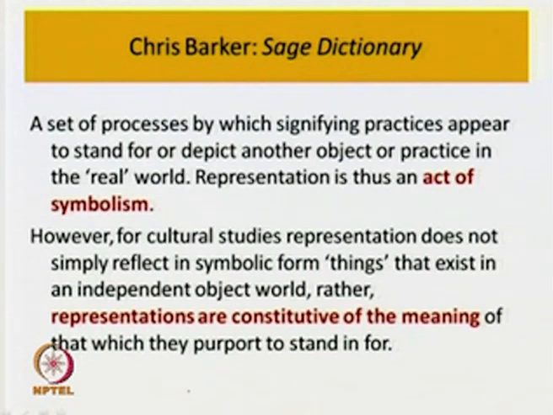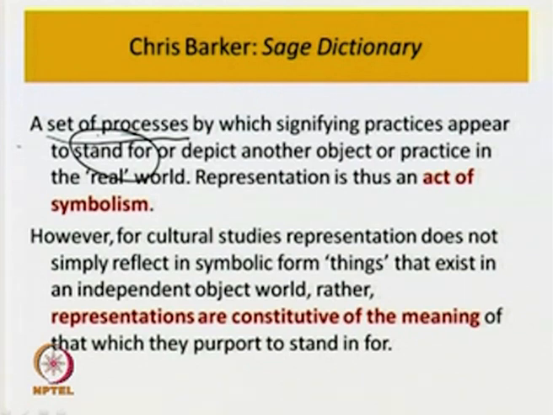First, Barker says representation is a set of processes by which signifying practices appear to stand for or depict another object. Okay, so this is one way of understanding representation in cultural studies. For instance, you see representation as a set of processes that looks as if they stand for or depict another object or any cultural practice.